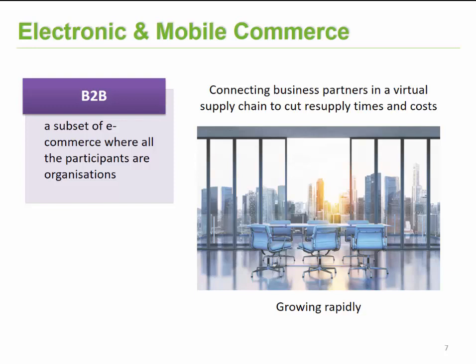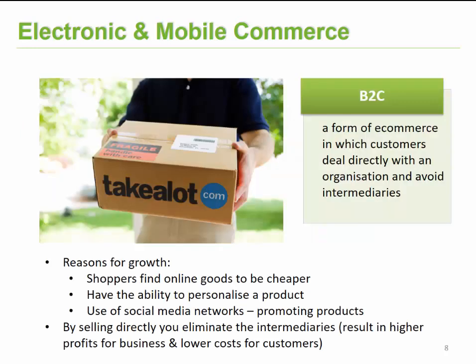If we go to the first one, business to consumer, we will see that it's a form of e-commerce in which your customers deal directly with the organization. So we're eliminating the need for intermediaries. So what does this mean? In the older days, you had your traditional brick and mortar shops. So if you wanted to buy anything, let's say for argument's sake, CDs, you would have to go into town, go to a shop, go to the mall, and then you would have looked through the products in that shop, and then you would have selected your CDs.